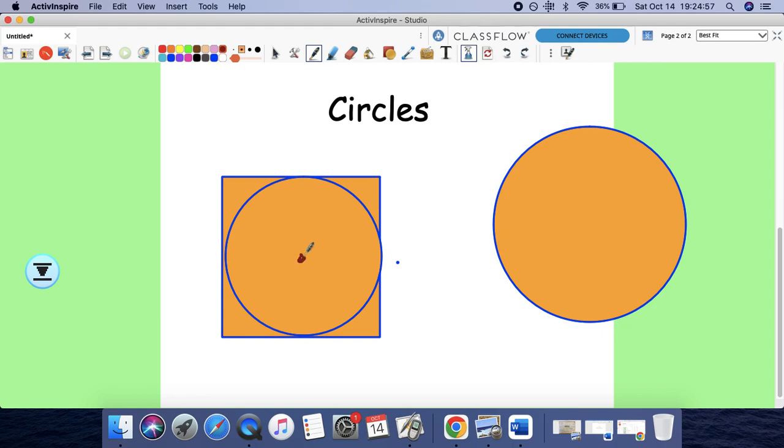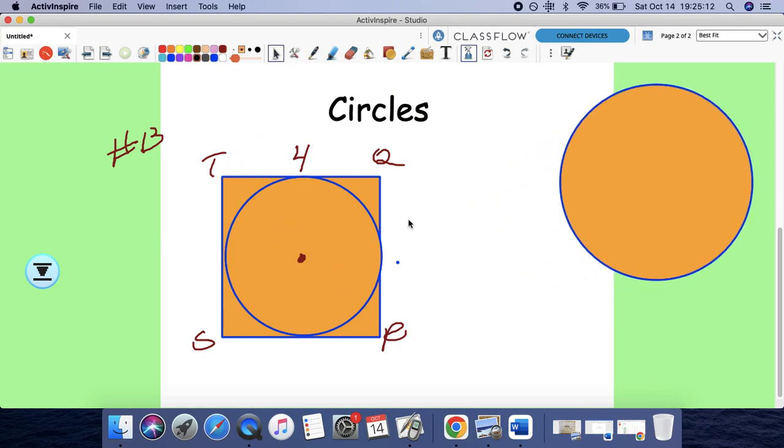This is the center, this is 4, I guess that's 4, T, Q, S, R for question 13. So that's 4. What is the area of the shaded area? Oh, let me shade this. So we want the area of this.